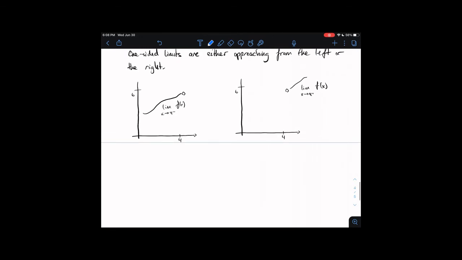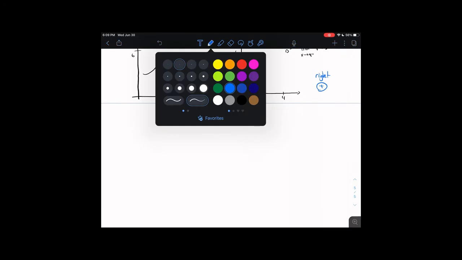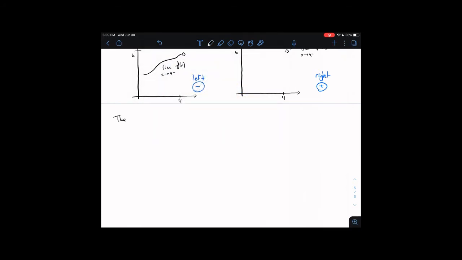We denote a left-sided limit with a minus sign, and a right-sided limit with a plus sign. And then the regular old limit is actually just a two-sided limit, so it means both of them.